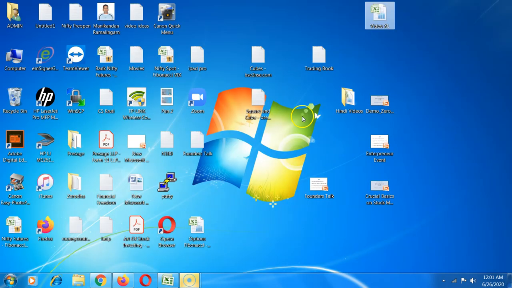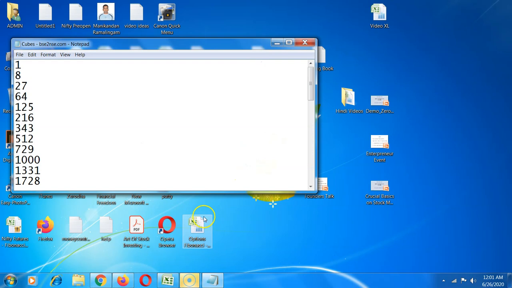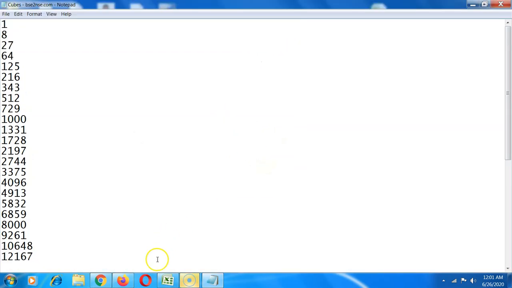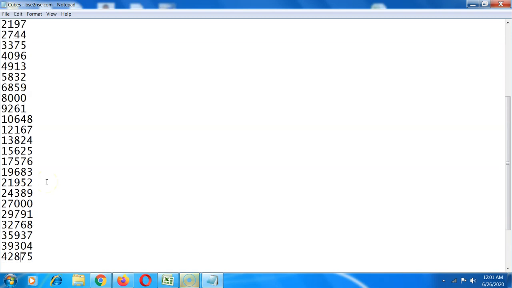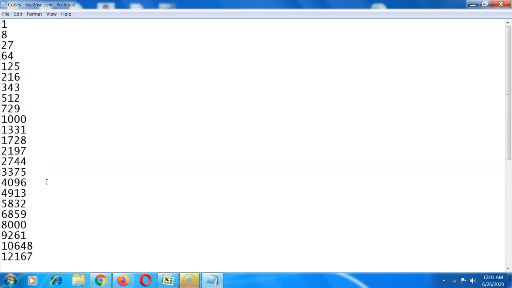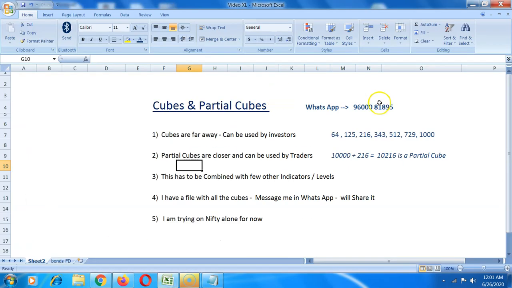I have a file with all the cubes. I'll just show you here. This is the sequence of all the cubes. 1 cube is 1, 2 cube is 8, 3 cube is 27, 4 cube is 64, 5 cube is 125, like I said, 216, 343. And this file keeps going on so that you can use it on Nifty, Bank Nifty and all that. If anybody wants this file, you can message me on WhatsApp on this number and I can send it to you.